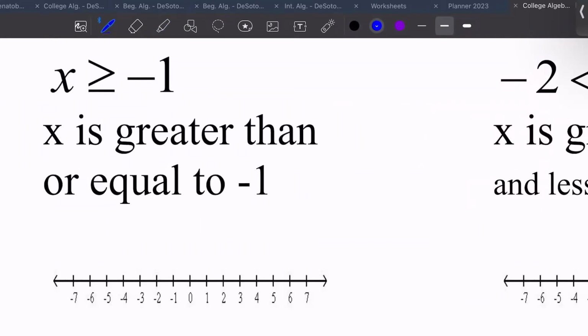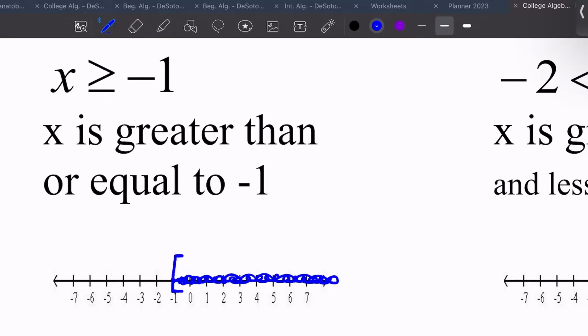So here's -1, and we want all the numbers greater than or equal to that number. So we're talking about all of these numbers. We have an equal to sign, so we're going to include -1. And that's how our number line would look.